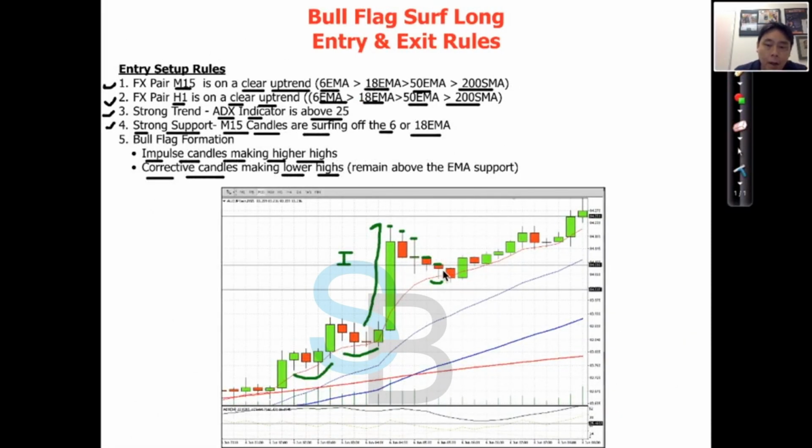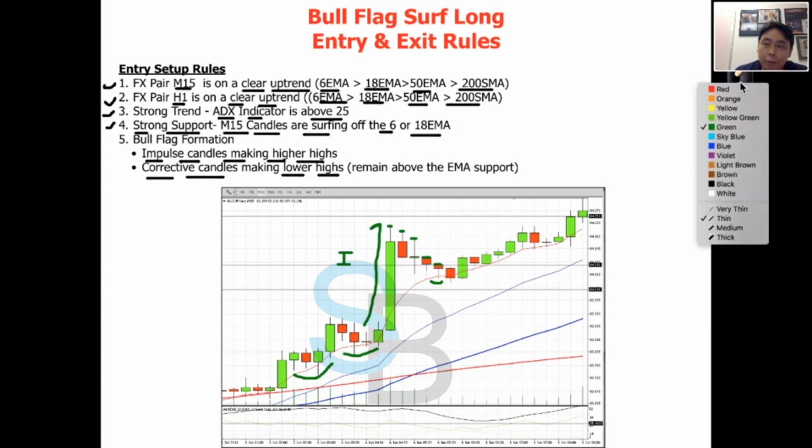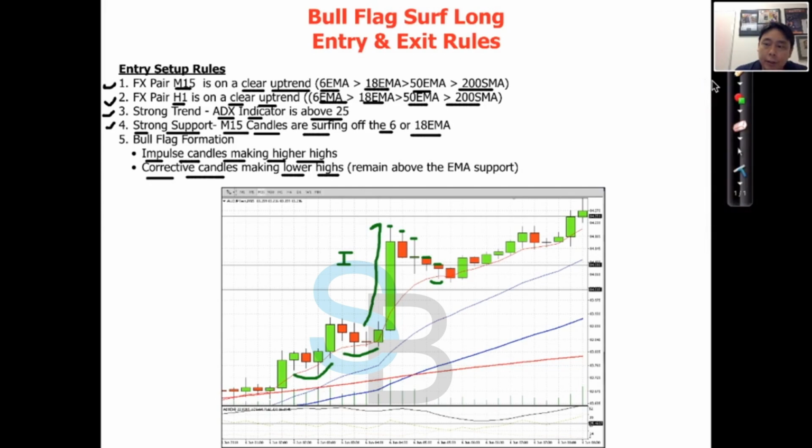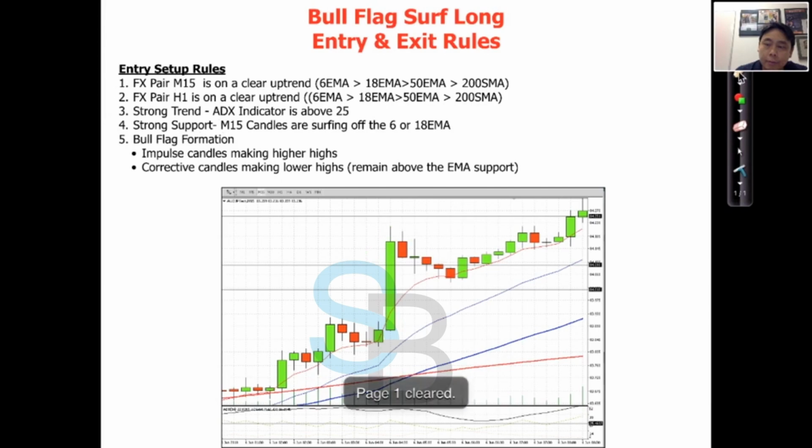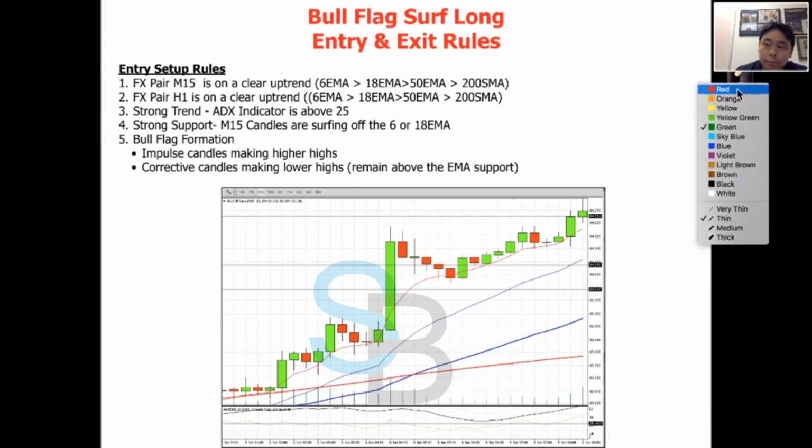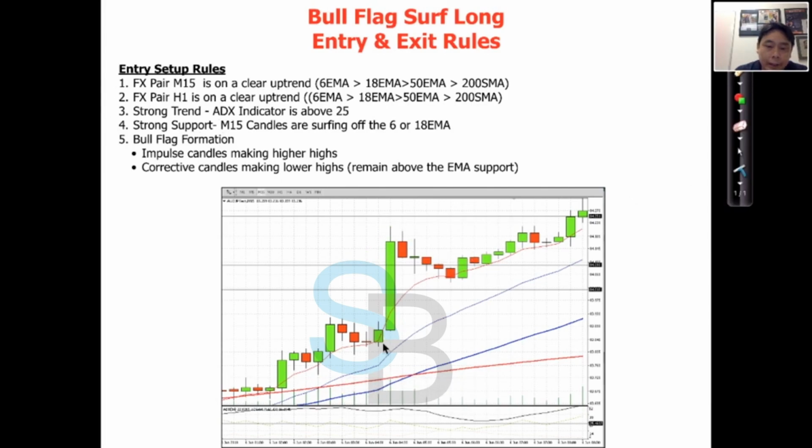Okay. The other thing that I must mention would be that, let me just clear this away. Okay. Now, ideally, like I said, this is a flagpole. Imagine this as a flagpole. Okay, that's a flagpole. And imagine if this is 100%. Okay.